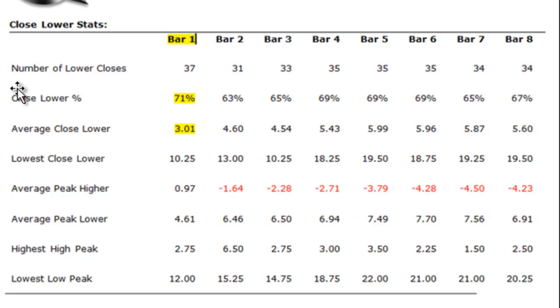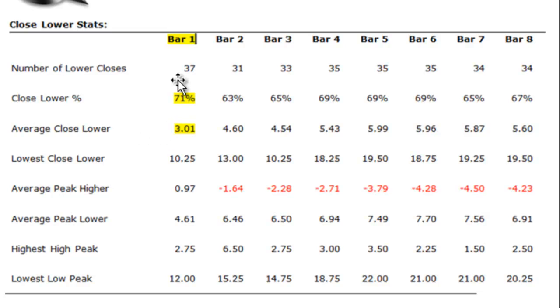Here's what the statistics look like in the table. You can see that we have close lower stats. And we can see that bar 1, that's a 30-minute bar chart, so that's 30 minutes into option expiration day. Close lower was 71% of the time, and the move down was about 3 points. And this particular move down, the average close lower, does not include the times when the market moved up.